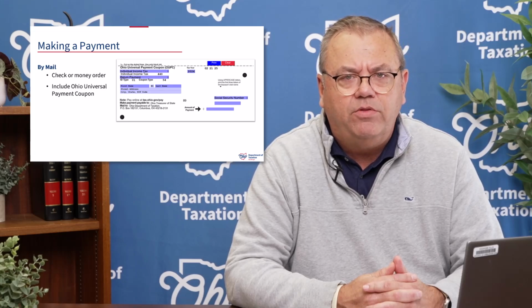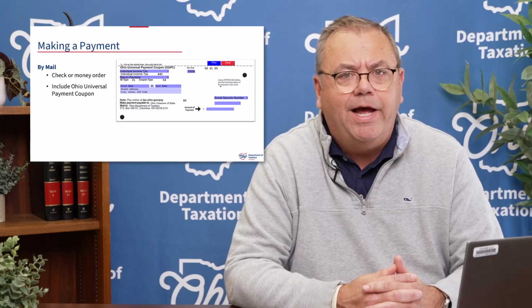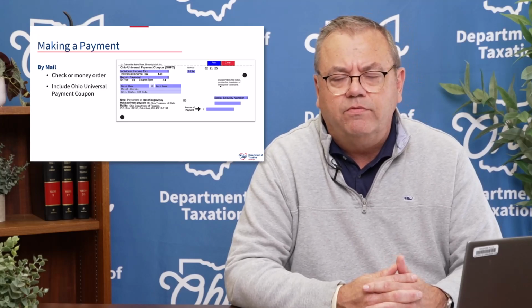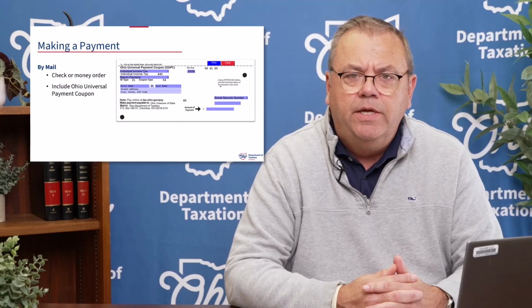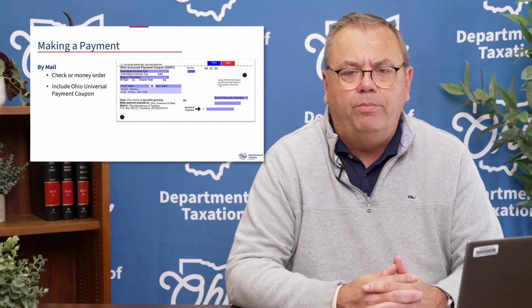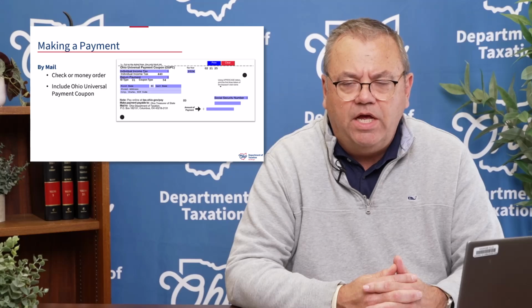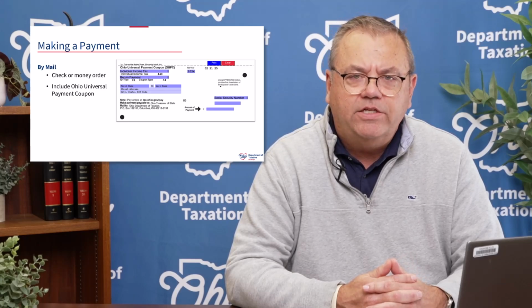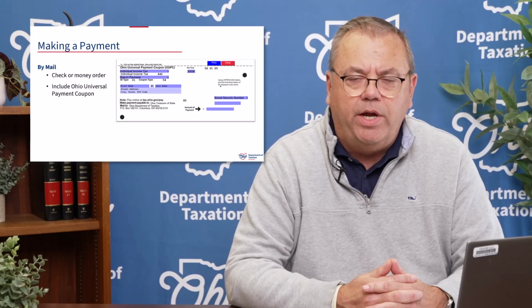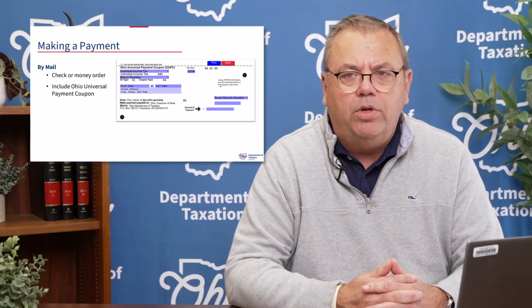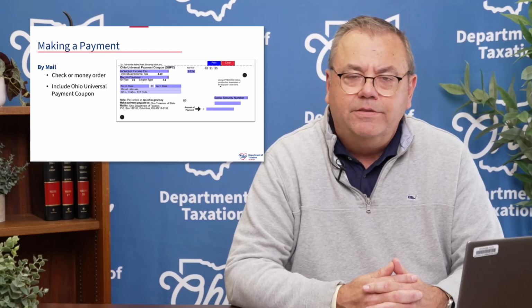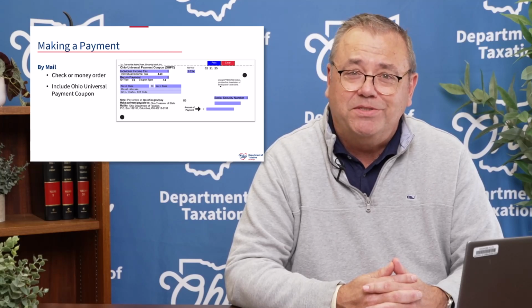You can abbreviate those by putting IT for individual income tax, or SD for school district income tax, and the tax year that you're paying. It helps us in case the payment coupon and that check or money order are separated. That way we know where to put that. There's a lot of John Smiths out there. We just want to put it in the right John Smith's account.